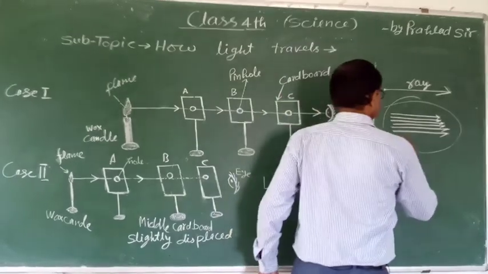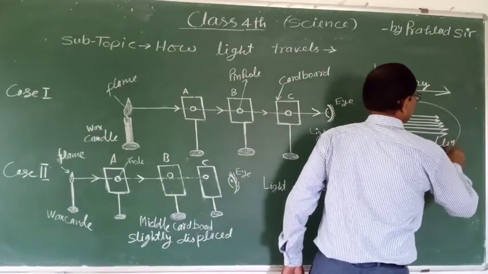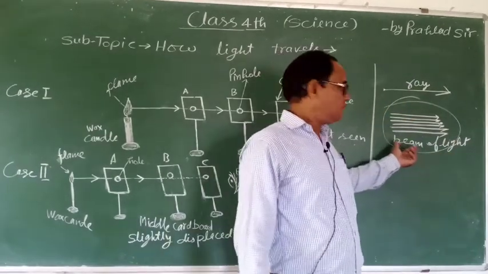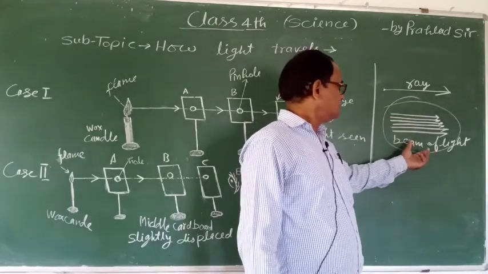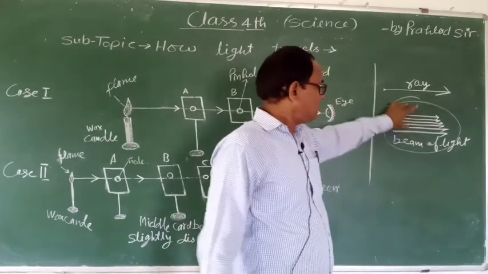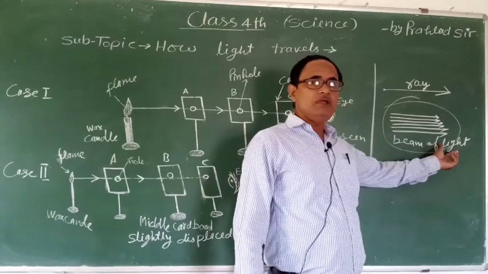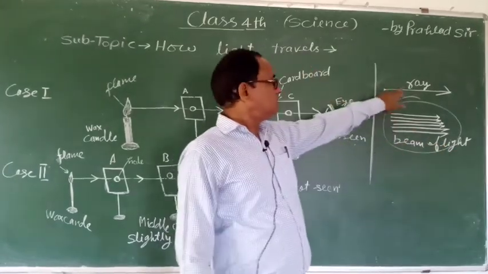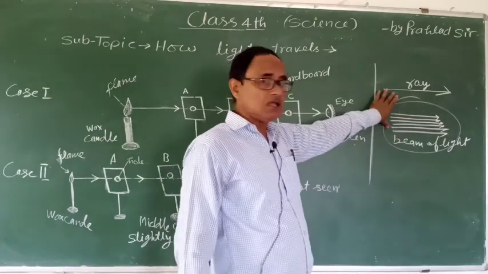A beam of light is a bundle of rays, or a group of rays. But this is a ray. Okay students, this portion is also very important.